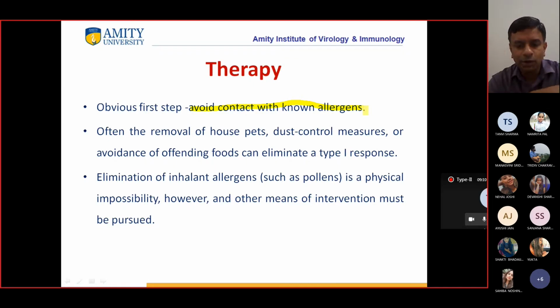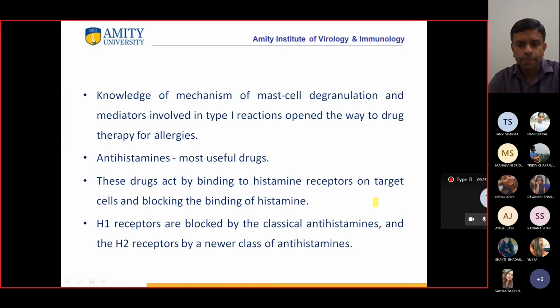So you can think of some interventions. Those are the basic things: you can avoid, or you can get some intervention, right?